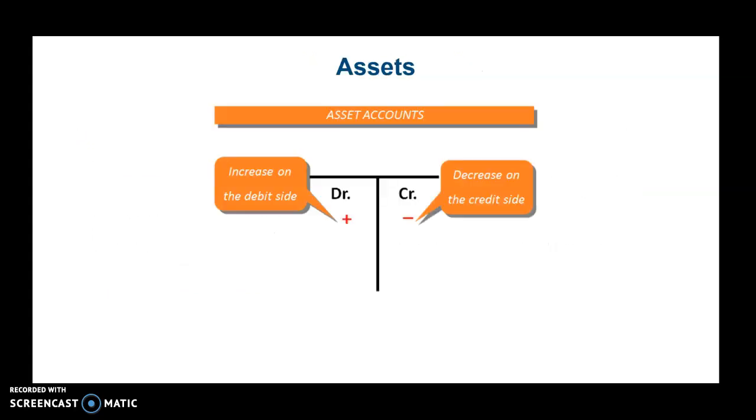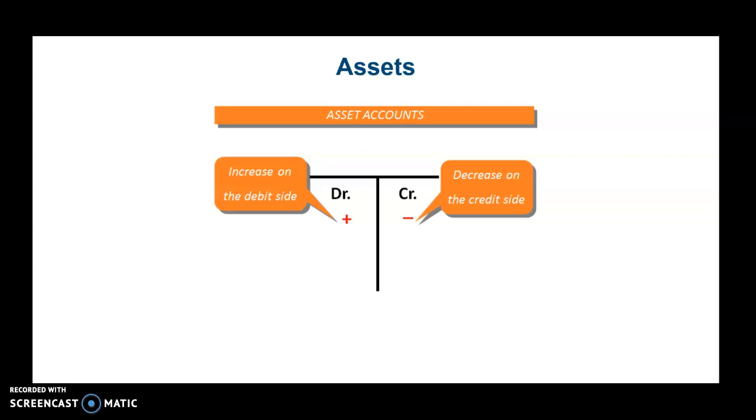So first we have assets. When we talk about assets, we're talking about cash, prepaid insurance, anything that has value. Assets are going to increase on the debit side and decrease on the credit side. The important thing to remember here is that your normal balance is always on the debit side. So if you had cash and you want to know that you had money, you'd want to make sure you had a debit balance.